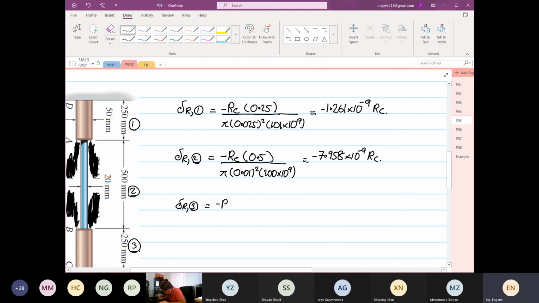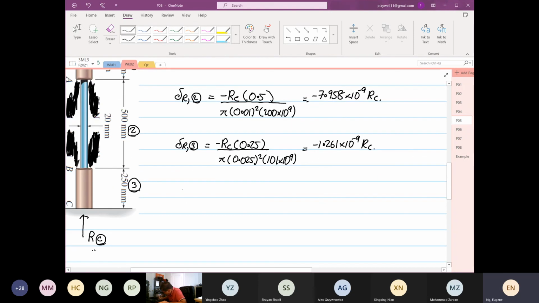So minus RC multiplied by 0.25 is the same as the first section, because the geometry and the material are all the same. So this will be equal to minus 1.261 times 10 to the power minus 9 RC.